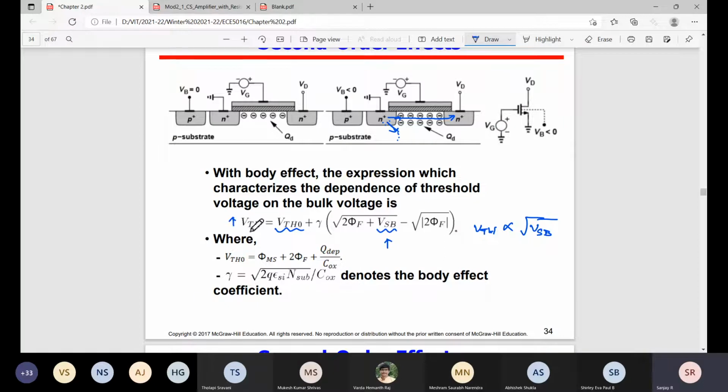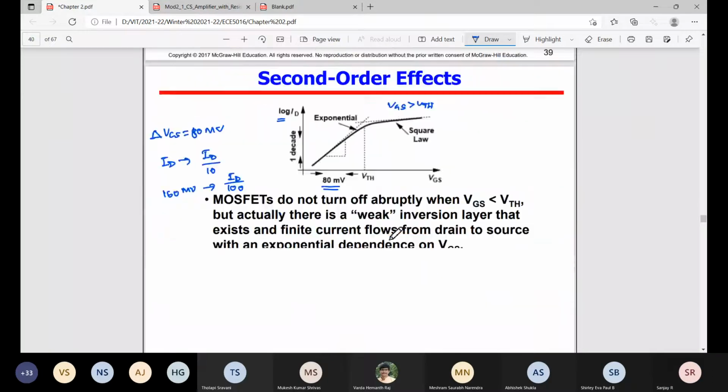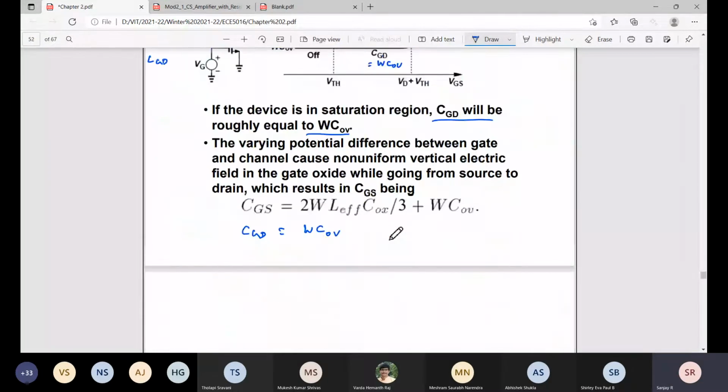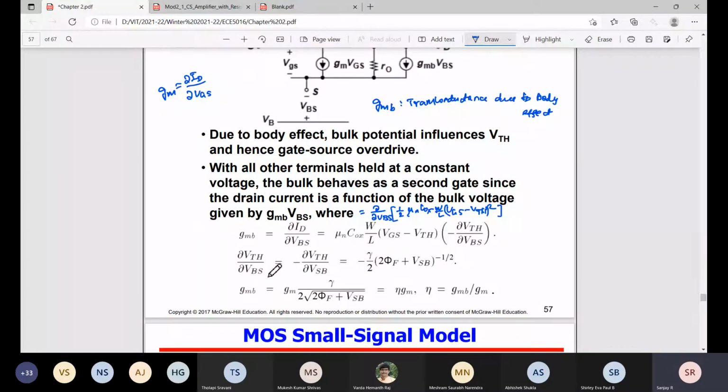I want dou VTH with respect to dou VBS. You can differentiate it on your own. Since VTH is in terms of VSB, for VBS I can write minus VSB, so the negative sign will come. When you differentiate, you will get this.